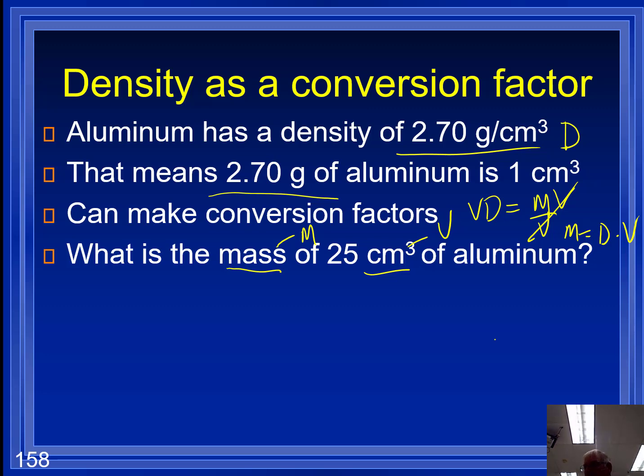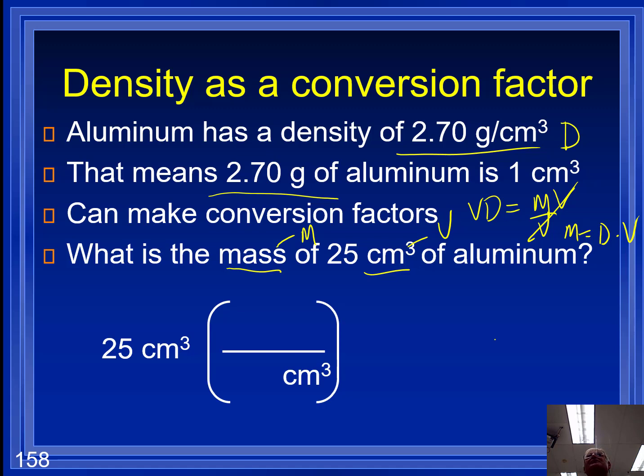But I want you to look at this problem as a conversion factor problem. If I start off with that 25 centimeters cubed, what unit do I want to get rid of? Well, that would be centimeters cubed. Where would it have to go? On the bottom. What could I turn centimeters cubed into?